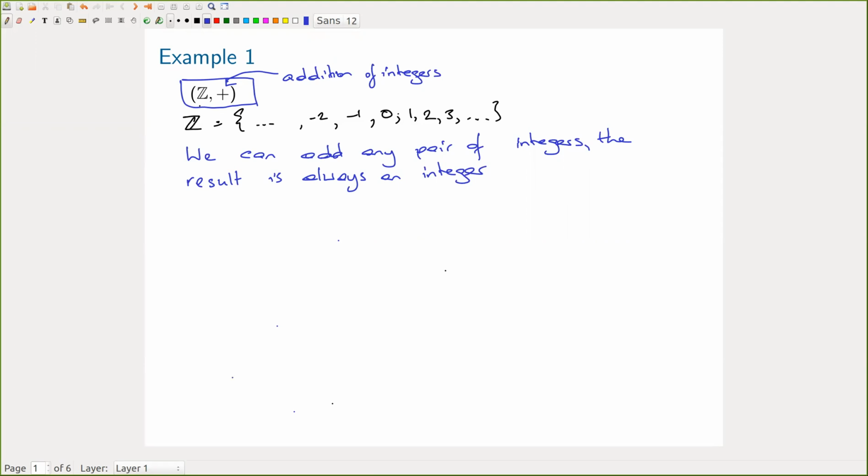Another observation is that if we look at the integer 0, it has a special property for addition of integers. The special property that 0 has is that if you add it to another integer, you have no effect on that other integer, no matter what it is. So adding 0 to any integer has no effect.